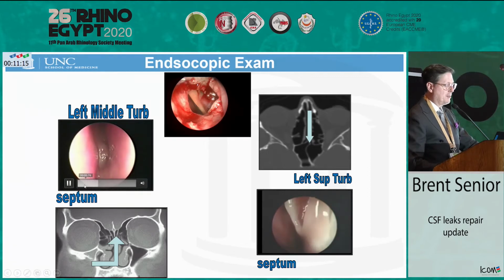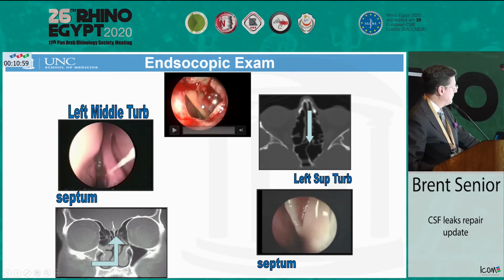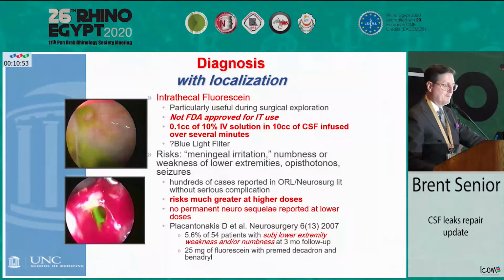And here's an example of just a small, subtle leak in the olfactory cleft on the patient's left side, just immediately adjacent there to the middle turbinate. And of course, you see a leak like this during surgery, a very small amount of flow that you can perceive with the endoscope. The endoscope is incredibly valuable to us in identifying these types of things.